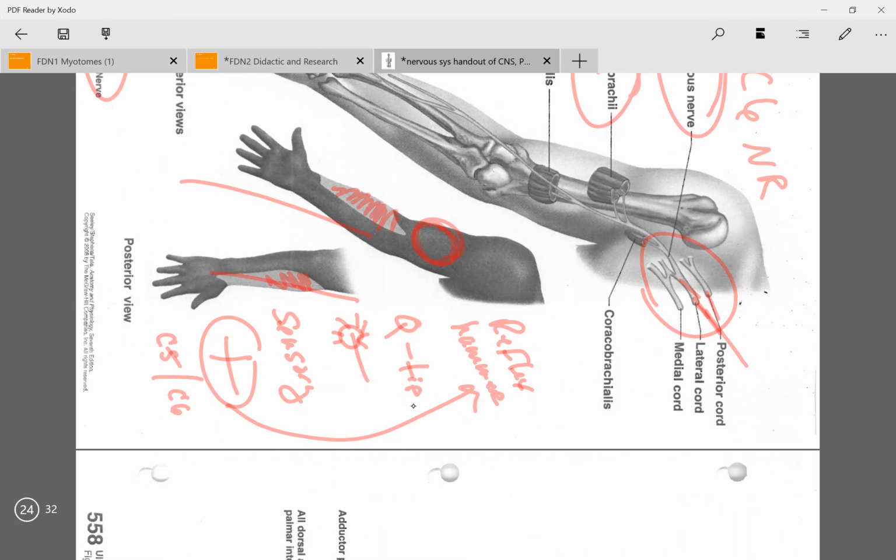The good news is, even if it's multiple levels like C5, C6, fine. When you do an MRI or a CT, they image the entire neck. So let's say you don't know if it's C5 or C6, could be either one. Once you get the image, it doesn't really matter because they image the whole neck. They're going to get everything.